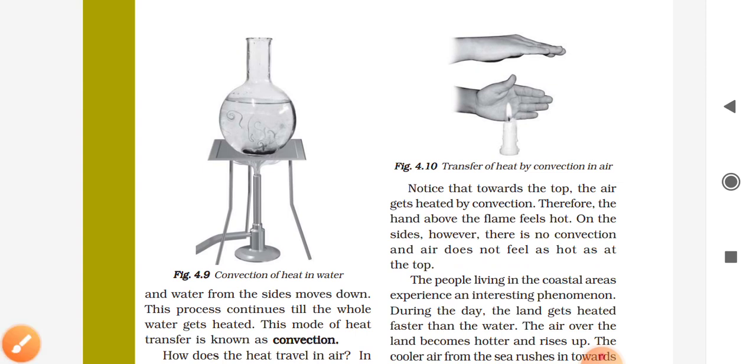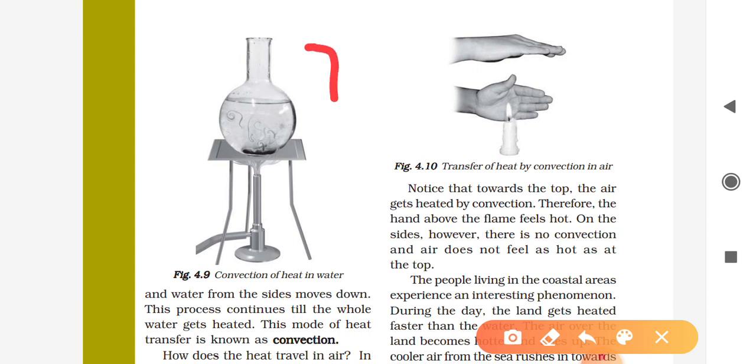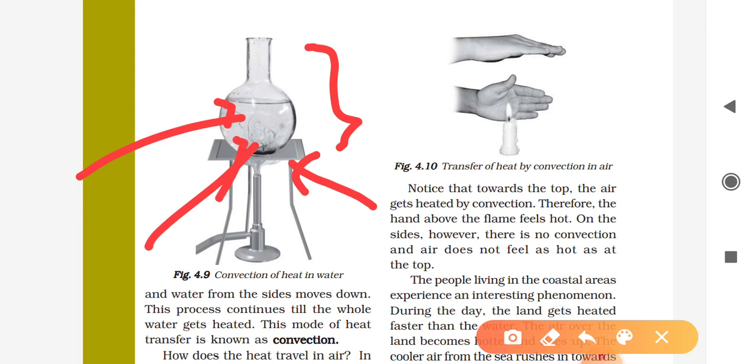In this activity, you have to take this flask with the stand, a burner, and a metal plate, or metal frame, you can say. You just have to add water and some potassium permanganate.